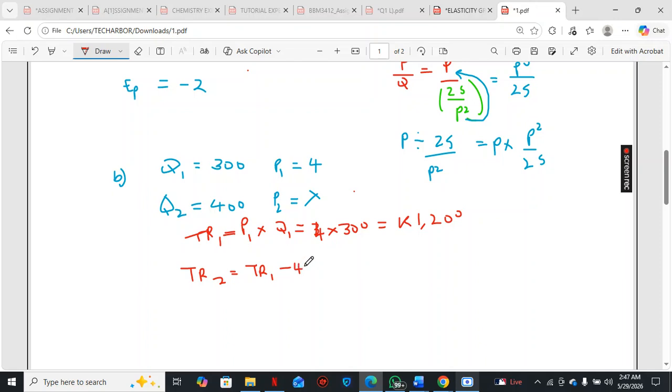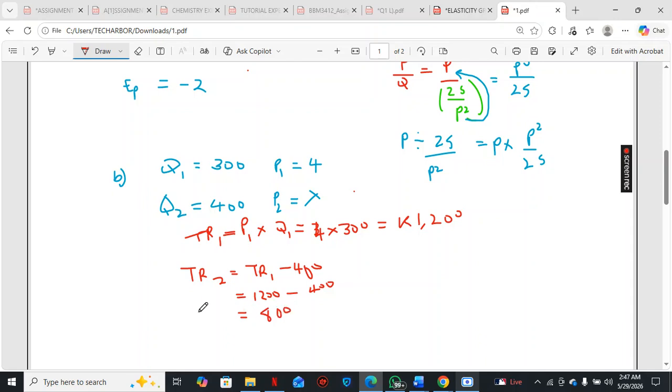Since it drops by 400, that's why I'm saying TR1 minus 400. We already have our TR1, which is 1,200. So if this revenue drops by 400, our new total revenue is going to be 800 kwacha.